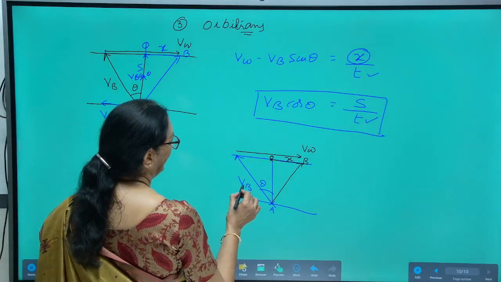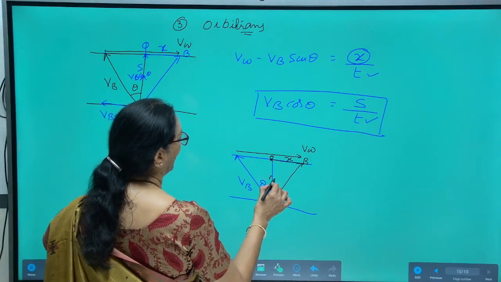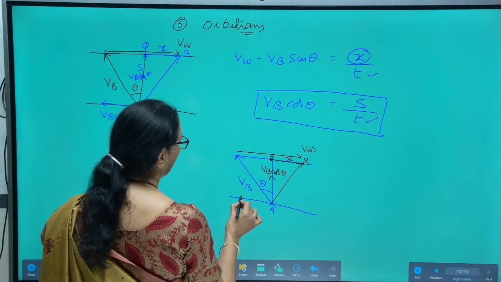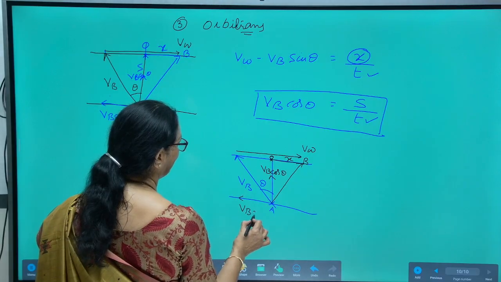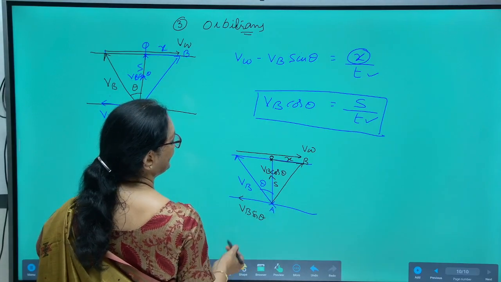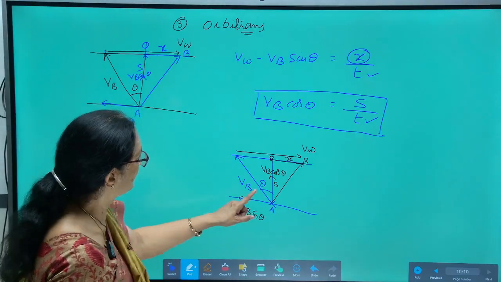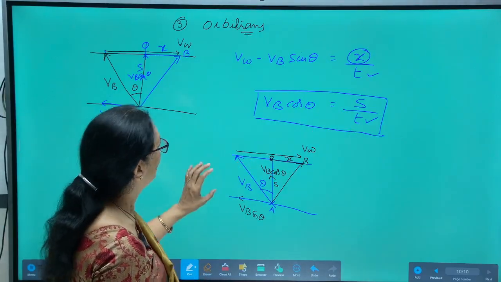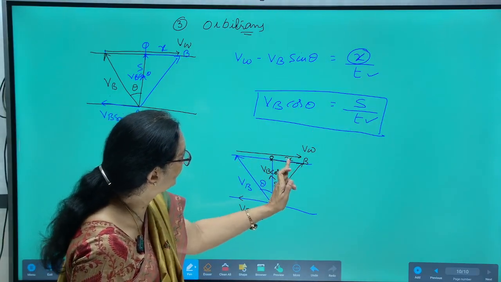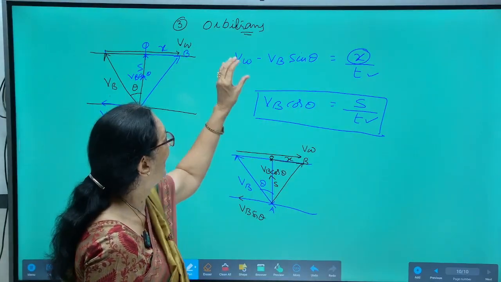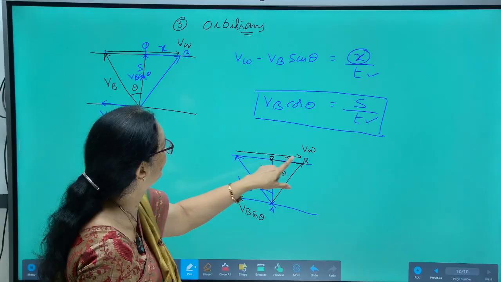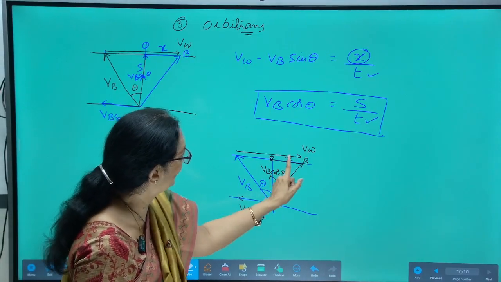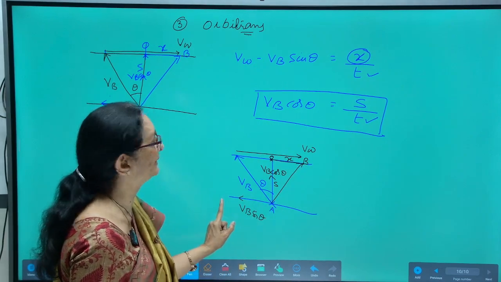Here, if you resolve this Vb into components, this component becomes Vb cos theta, this becomes Vb sin theta, and S is the width of the river. So, Vb cos theta is equal to S by t. In the same time, the drift of the boat is x and the resultant velocity in that direction is Vw minus Vb sin theta, since Vw is in this direction and Vb sin theta is opposite.